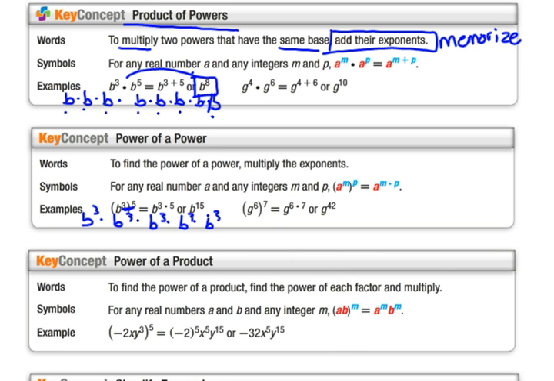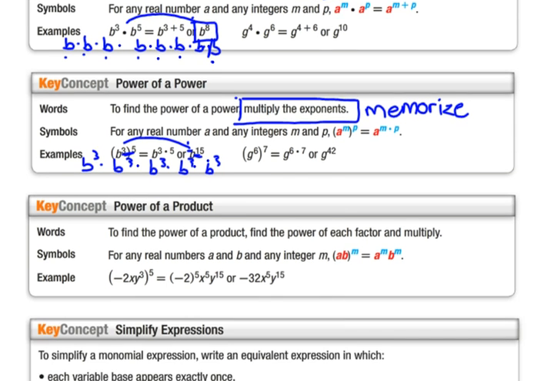So if I add 3 plus 3 plus 3 plus 3 plus 3, I get 15. So b to the 15th, again, if I skip that part, we multiply the exponents. So again, this has to be memorized. If I have one base and I have 2 exponents, we multiply those exponents together.